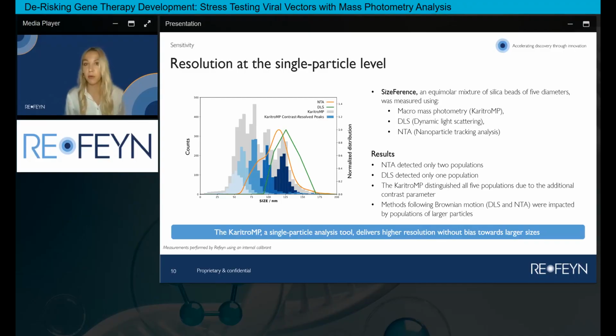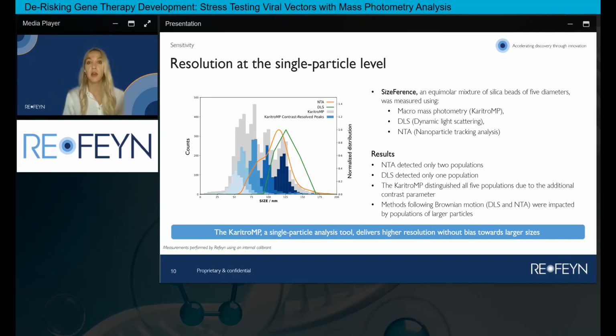So this is just an example of a size reference, or our calibrant for the MP, and that is an equimolar mixture of silica beads that have 5 different diameters. In the case of the MP, we can clearly resolve those 5 distinct populations based on the 2 parameters, which are size and contrast.